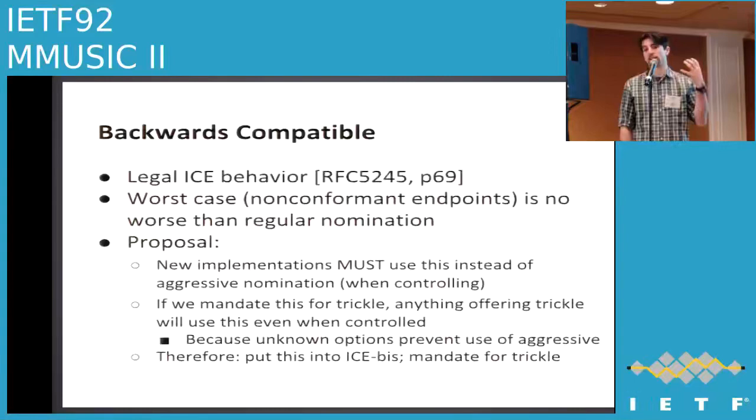We would then probably keep the aggressive nomination stuff in the text, saying this is just for compatibility with endpoints that are expecting aggressive nomination, but mark it as deprecated, and say that everything should be doing this new thing. Okay, so don't do it, but okay to accept. Basically, as a deprecator, you wouldn't do it actively, but if the other endpoint is doing it, behave accordingly. Right.